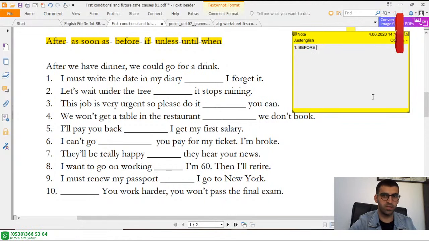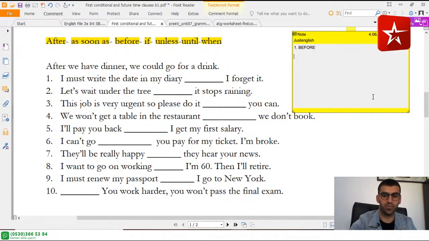Before is the correct answer for number 1. Yes, Tuko, Gülsafa and Isahan, your answers are correct. Before is the correct answer, Mr. Ramazan. I must write the date in my diary before I forget it.